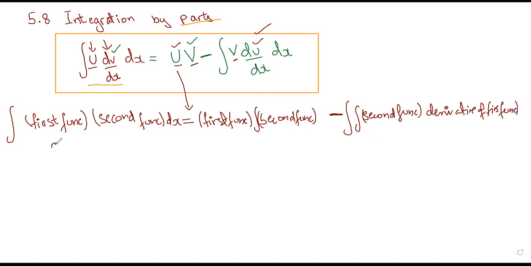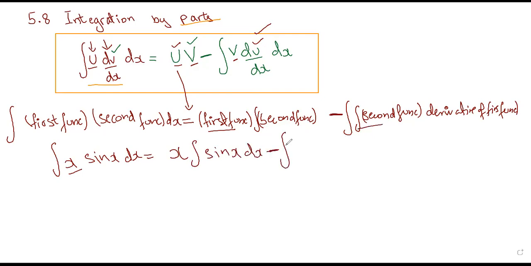Think of it like this only. So when we had x sine x, after thinking we chose x as the first function. So we write the first function as it is, the integration of the second function, integration of sine x dx, minus. This integration sign would come here, and again we write the integral of the second function. This would come in brackets, and the derivative of the first function.